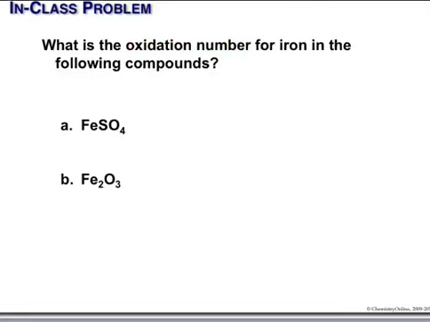What's the oxidation number for the iron in iron sulfate? What's the charge of sulfate? -2. If this is neutral, the iron must be +2.